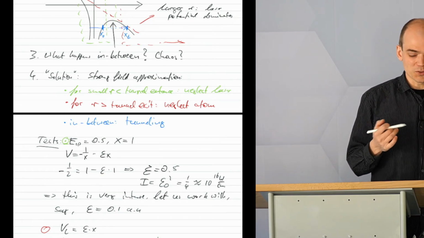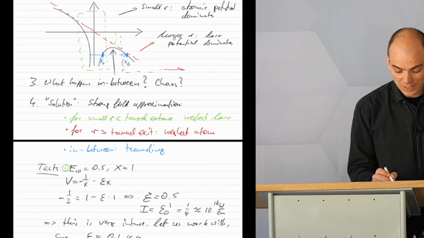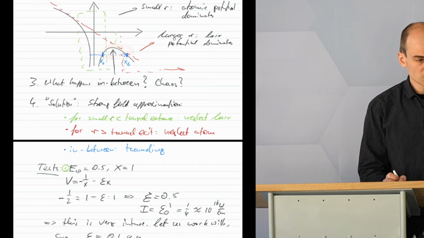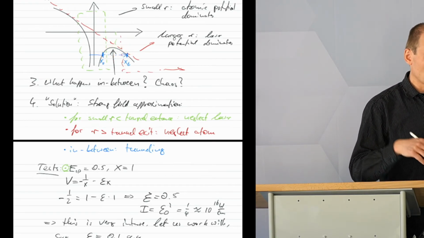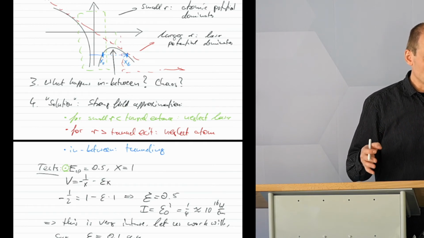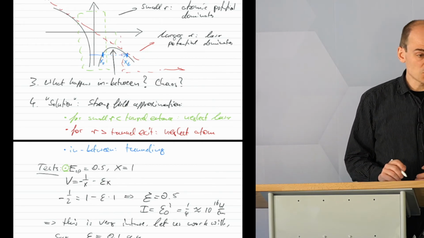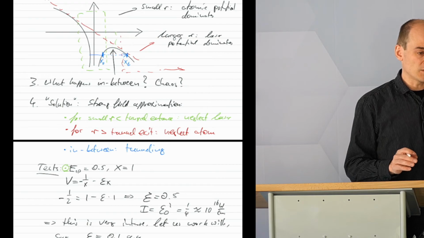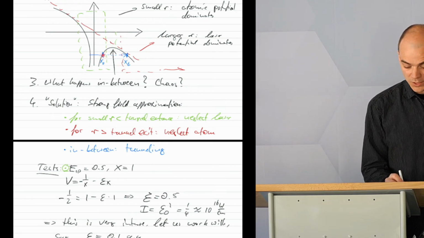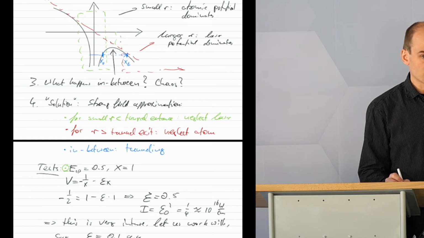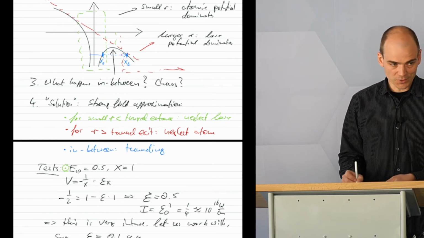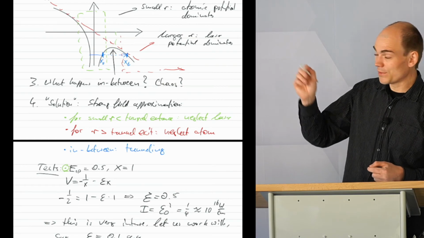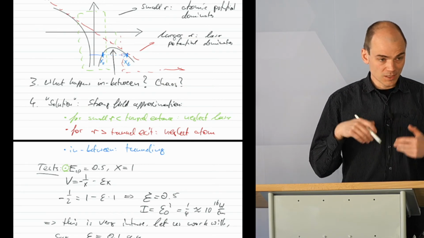And there's a certain probability for the electron to tunnel, and this probability, or you could also say this rate, how many electrons tunnel per unit time, of course depends on the size of this barrier. This means the length and also the height. And it depends exponentially on both these quantities, because the wave function decays exponentially in the tunnel.